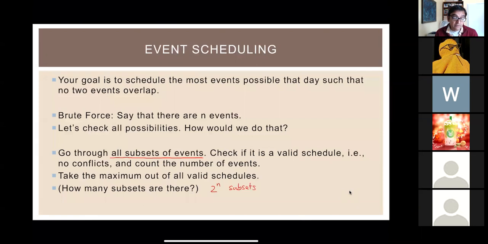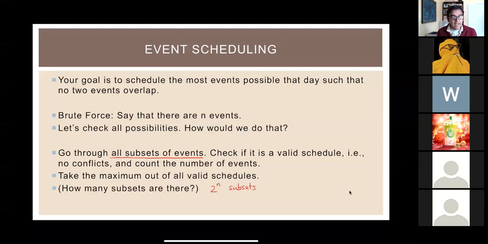One way to try to solve this problem is to say the search space is of size 2 to the n, so let's just look at all possible subsets. For each subset, which is a collection of events, we'll go through it and see whether these events overlap at all. If they're non-overlapping, that's a viable solution.